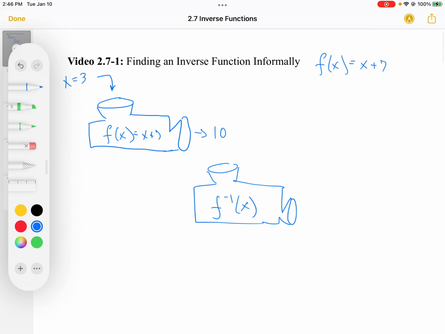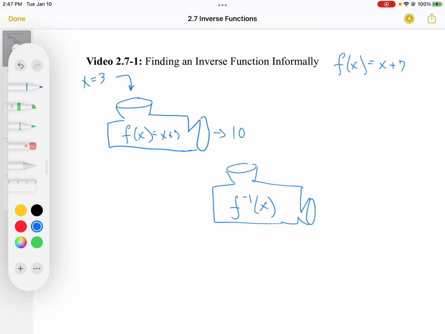So an inverse function undoes what an original function does to our input. So our input of 3, 7 was added to that. So our inverse function is going to take that 7 away, and we're going to end up with what we started with.